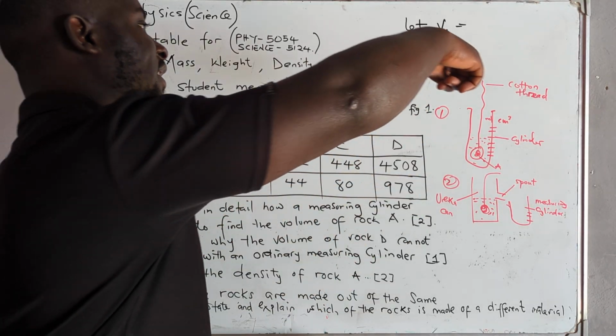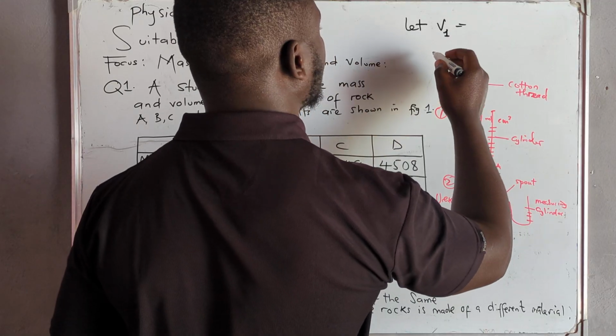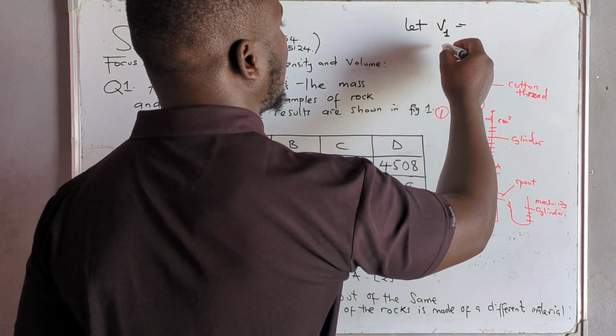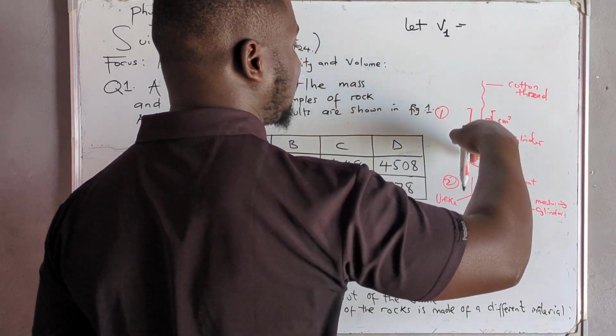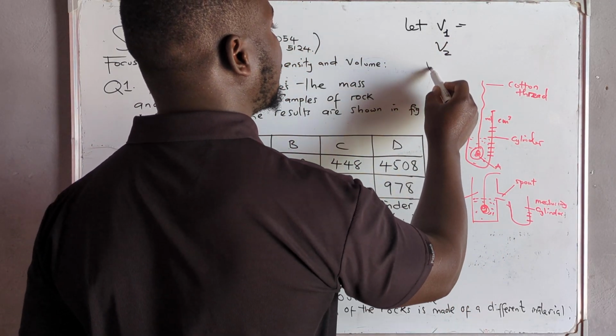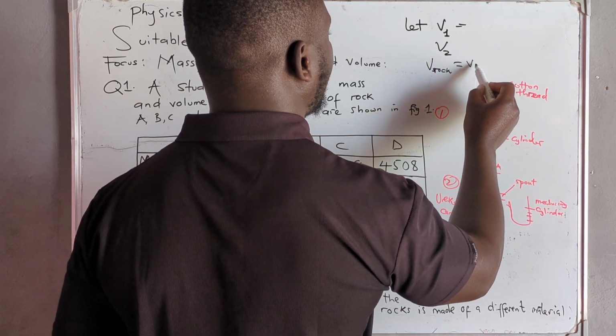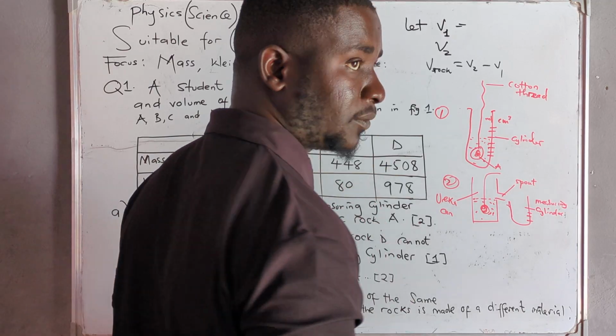After you displace the water with the stone, in step 3 you take the volume after displacing the stone as V2. To find the volume of the rock, volume of rock equals V2 minus V1.